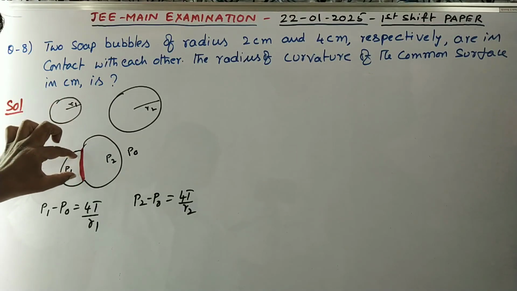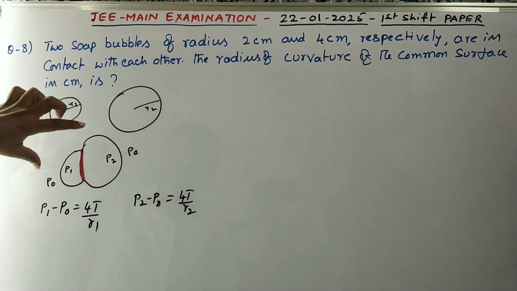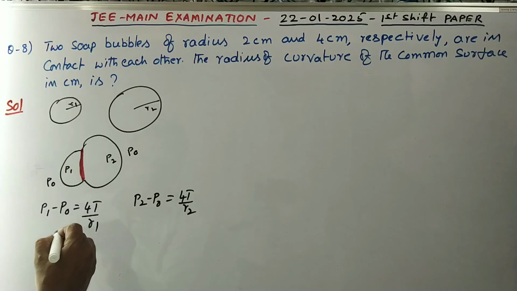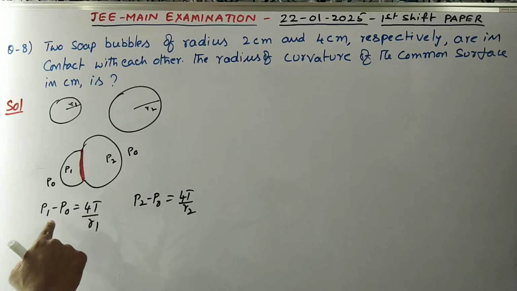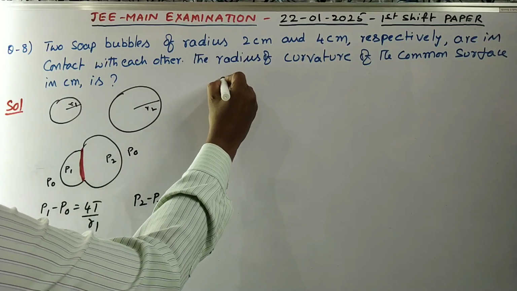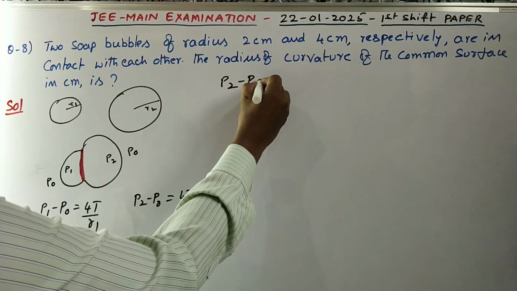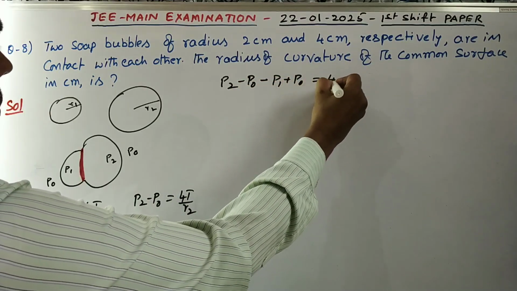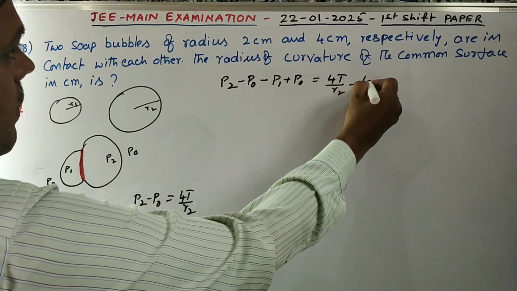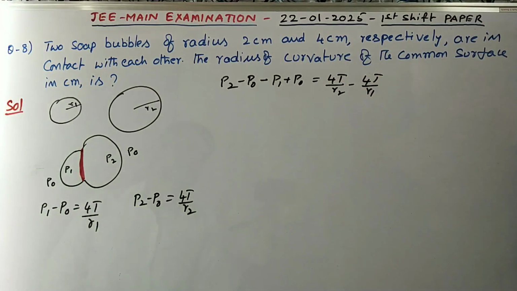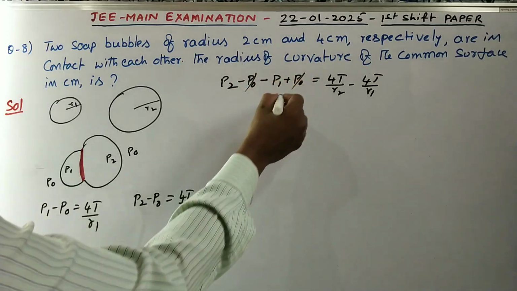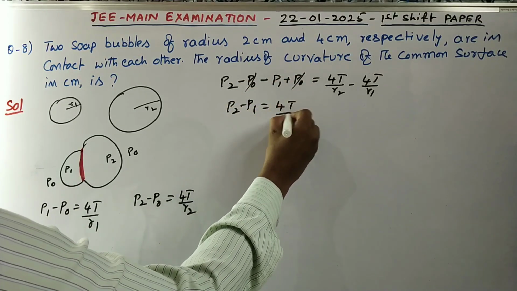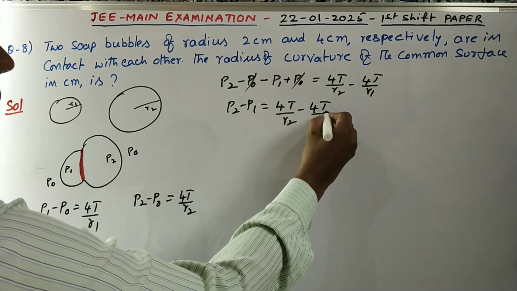Due to the surfaces in contact, this is a common surface. You want to calculate this common value. For this, you should eliminate the outside pressure. That means subtract this from this one. Therefore, P2 minus P0 minus P1 plus P0 is equal to 4T by R2 minus 4T by R1. Minus P0 and plus P0 cancel. So P2 minus P1 is equal to 4T by R2 minus 4T by R1.